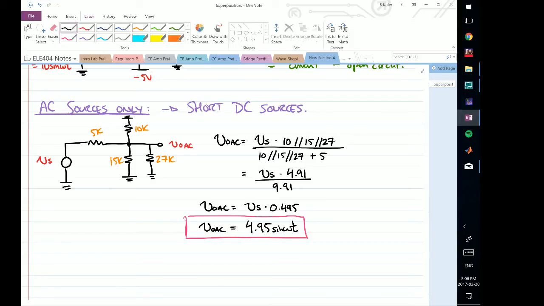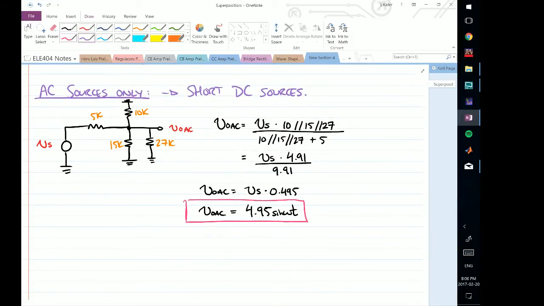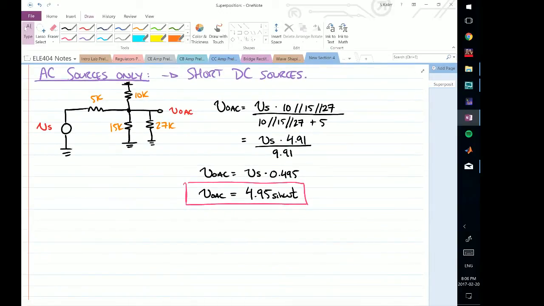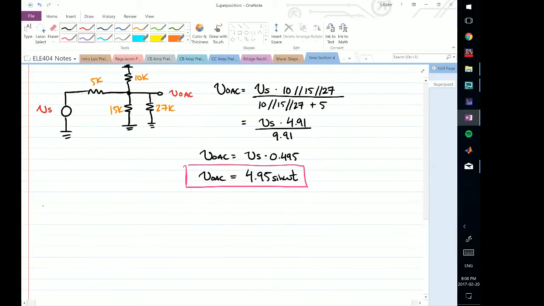Now this is only one of the voltage sources. There are 3 in this entire question, and so now we have to consider the DC sources only. So I'm going to short the AC sources and look only at my DC circuit. Let's look at DC sources only, and so I'm going to short the AC source. I'll write source because there's only one of them.